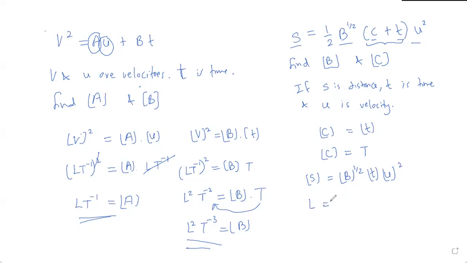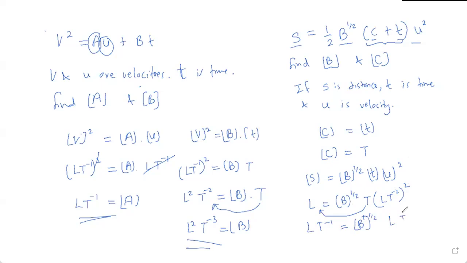So S is L, B to the power half, so dimensions of B to the power half, into capital T into LT minus 1 squared, right? You get L, when you take this T to the other side, is LT minus 1 equals dimensions of B to the power half.